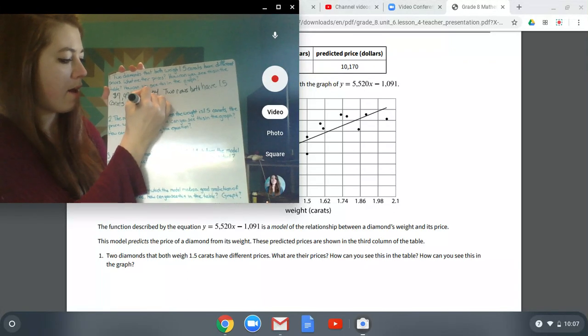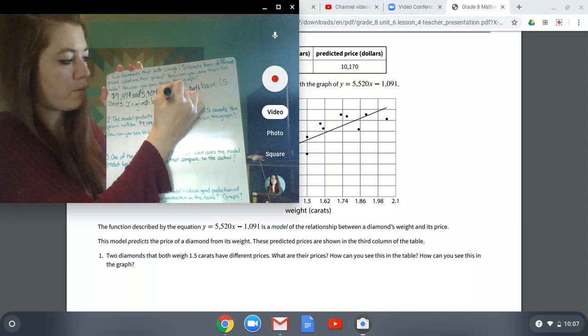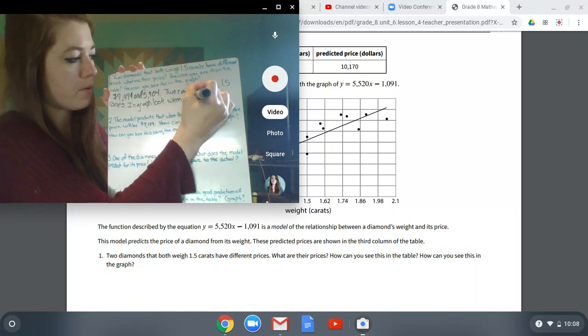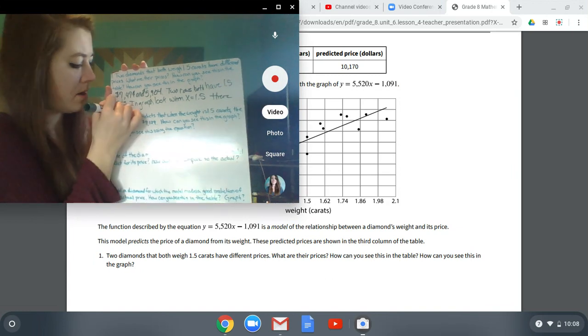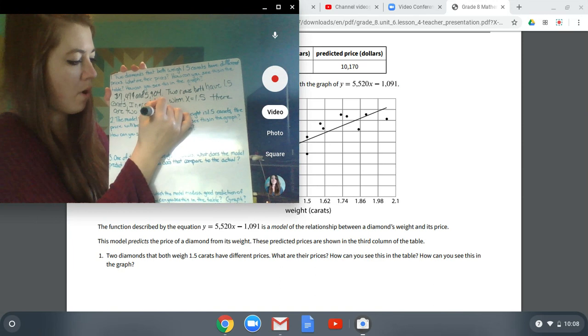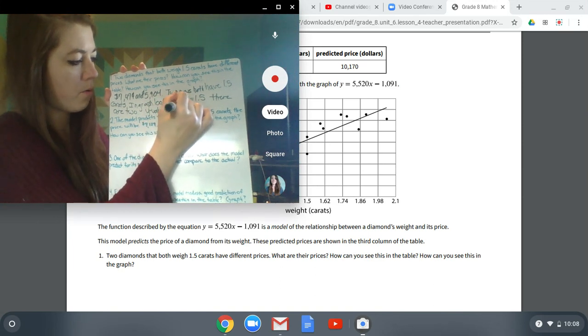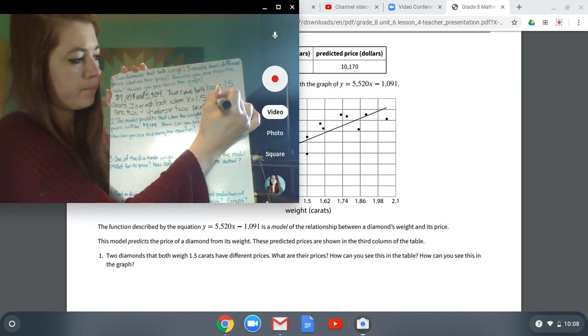In the graph, look, when x equals 1.5, there are 2 y values or 2 points plotted.